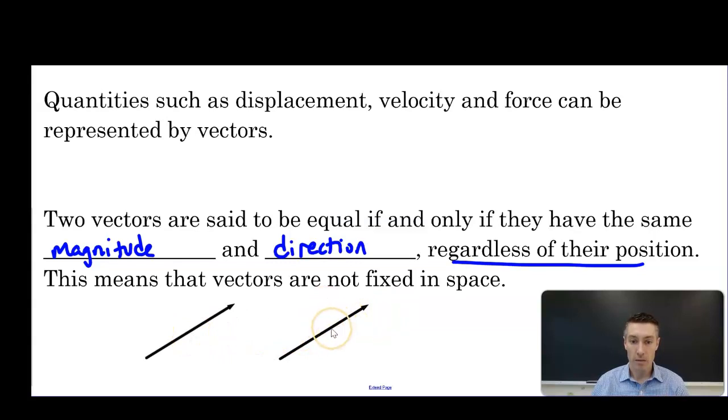So that vector and that vector, if I move it up there, and if I move it over here, all of those vectors are equivalent. Even though they are at different places on the page, the position of the vector does not matter. As long as the vectors have the same magnitude and the same direction, we consider them to be equivalent.